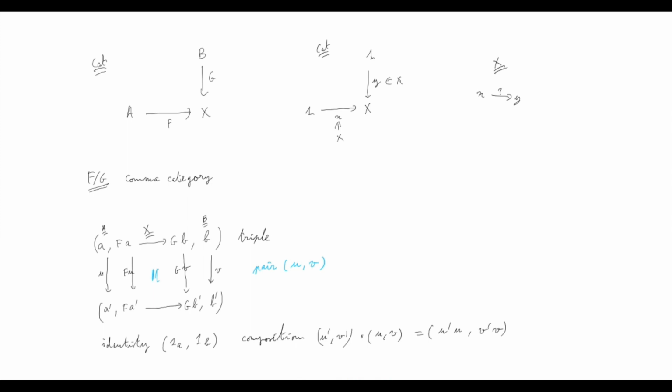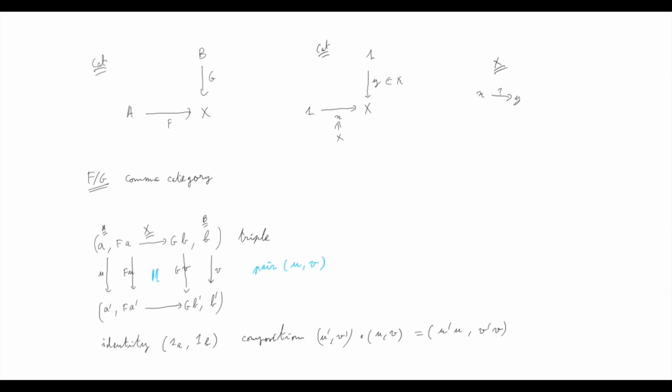So all in all, we've defined the objects, the morphism, the identities, the composition, and we can verify that it's indeed a category. So it's a category of all the paths from F to G.